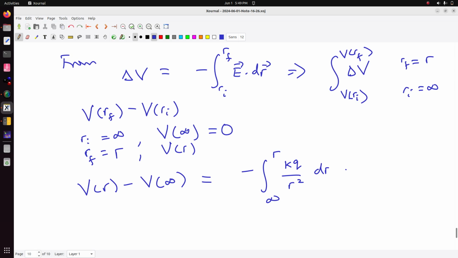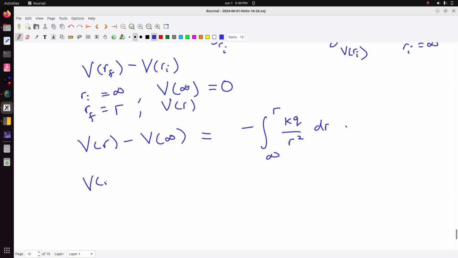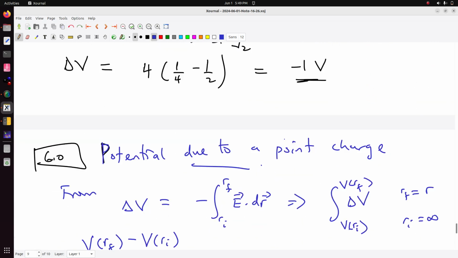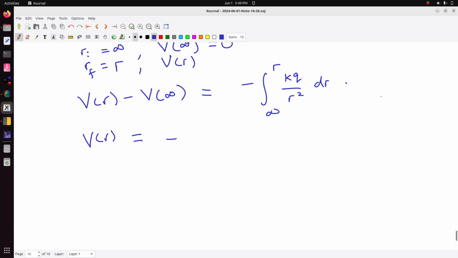So this V of infinity we said is 0. So V of R minus 0, so that is V of R equals minus the integral of kq over R squared. So it's similar to what we did here. Again, let me just do it by the side.